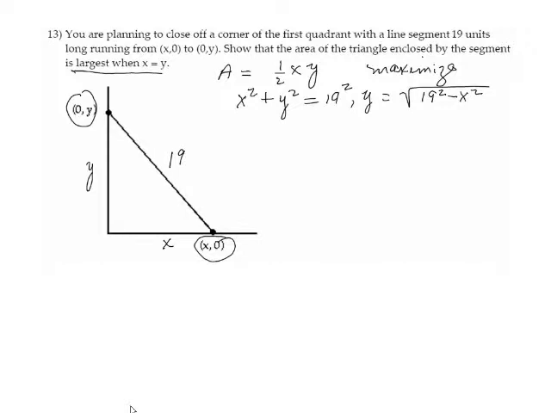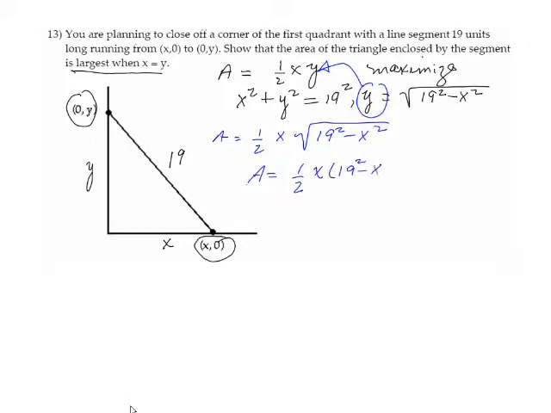Substituting this in for the y, we get that the area is equal to 1/2 x times the square root of 19 squared minus x squared. Rewriting this so we can take the derivative more easily, we get 19 squared minus x squared to the 1/2.